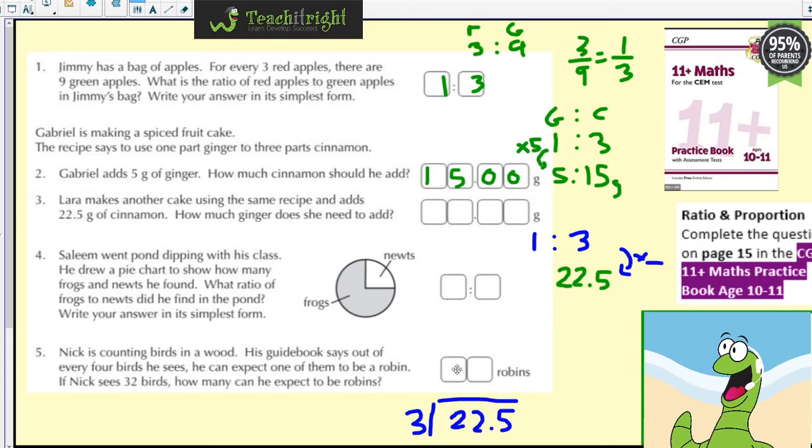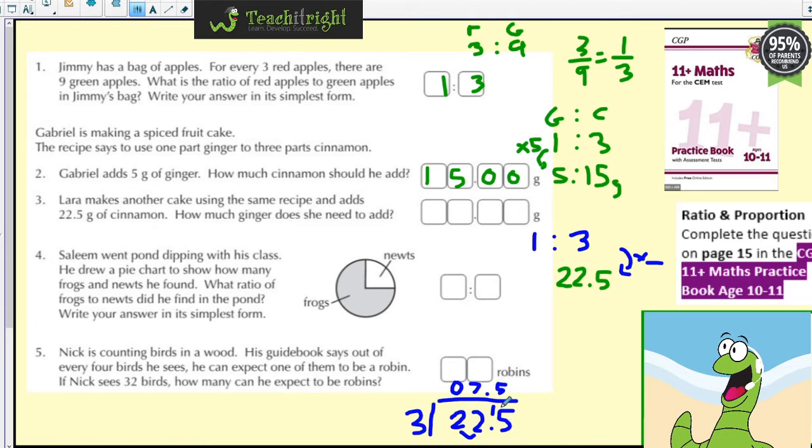So 3 goes into 2 no times. 3 goes into 22 7 times, remainder 1. So carry the 1 over, put the decimal there, and 3 goes into 15 5 times.